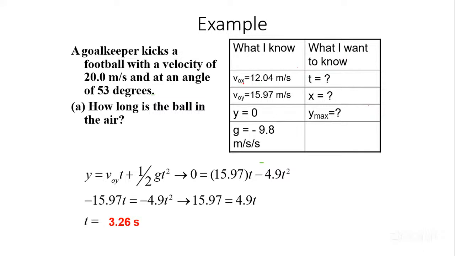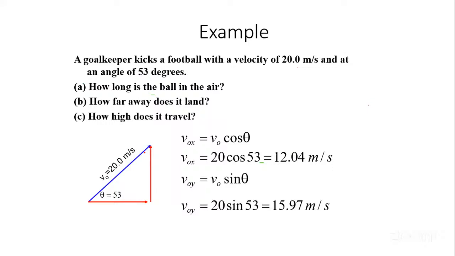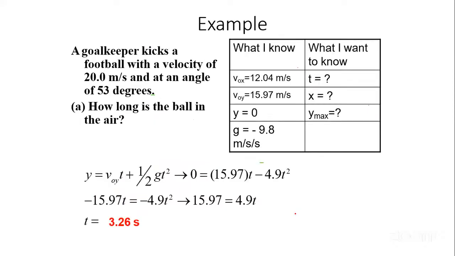Initial velocity for vertical and horizontal component from this here. So the initial velocity along the x-axis is resolved to this. Initial velocity along the y-axis is resolved to this. So that is what we have here in the box. And then acceleration due to gravity is given. This is not a negative, it's a positive. The ball is going up.